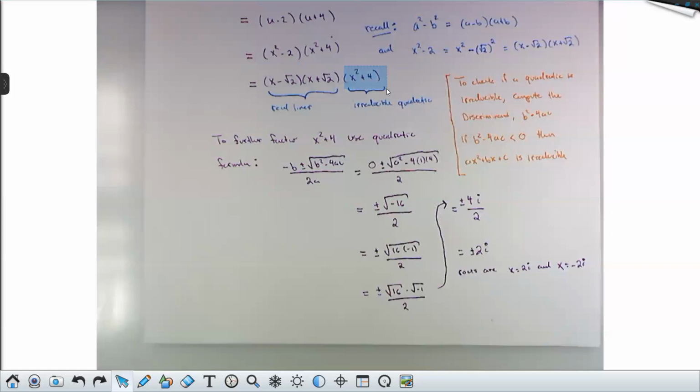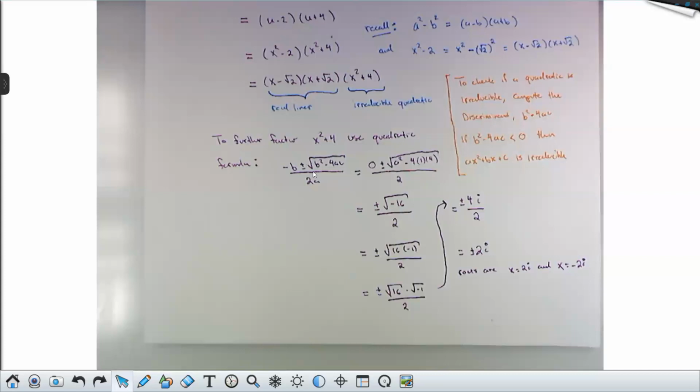And because for those quadratic factors we find the roots using the quadratic formula, the negative b over 2a part will always be the real part of the root, and then this plus and minus will always give you the imaginary part of the root. And so that's that plus and minus that shows up in the quadratic formula that proves our previous theorem, that complex roots always come in complex conjugate pairs.